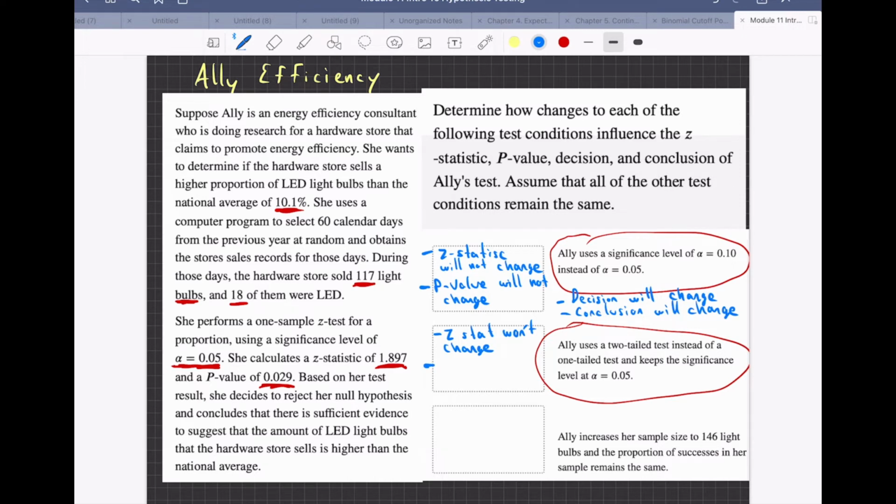The p-value, since we're modifying it, instead of a one-tail test is going to perform a two-tail test, so the p-value will increase. Will increase.